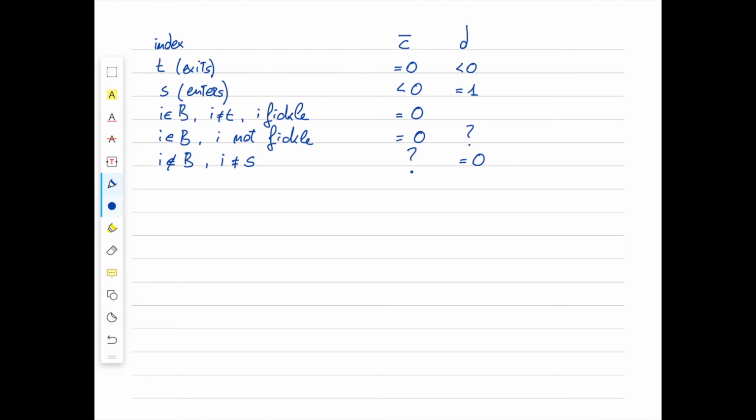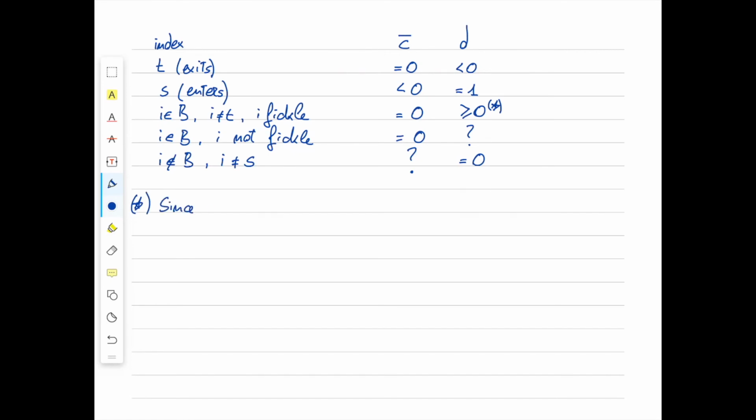Now I want to show you how you can fill in the remaining gap in my table. I want to show you that for the basic Fickle variables different from t, the corresponding components of d are all greater than or equal to 0. So let's prove this below. In this case, I is Fickle.